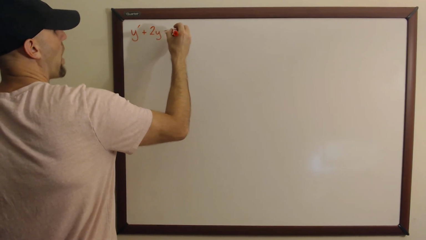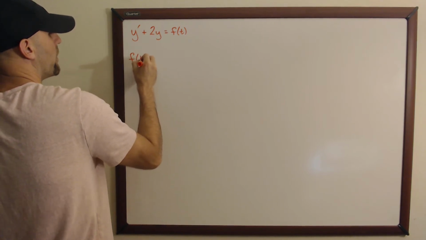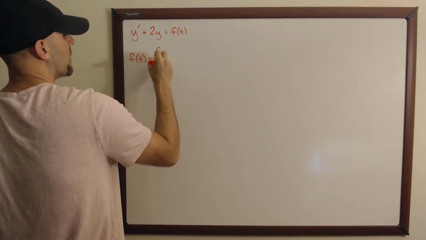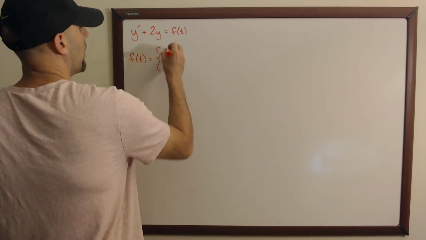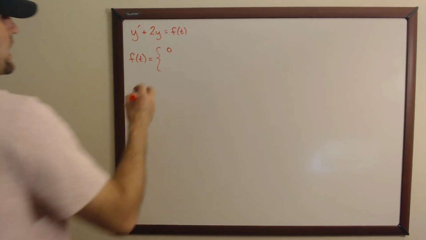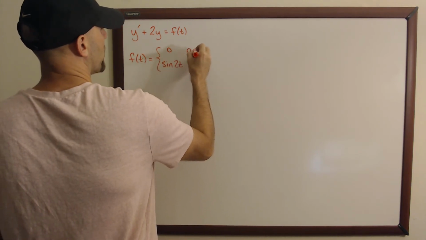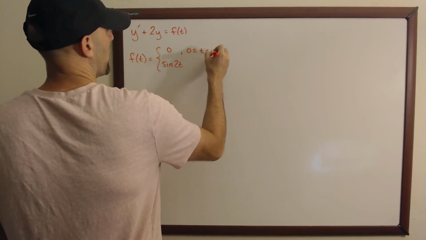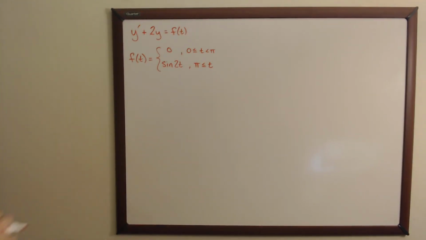y prime plus 2y is equal to f of t, where f of t is defined as 0 as long as t is between 0 and pi, and then it's sine 2t as soon as t is bigger than pi, right?